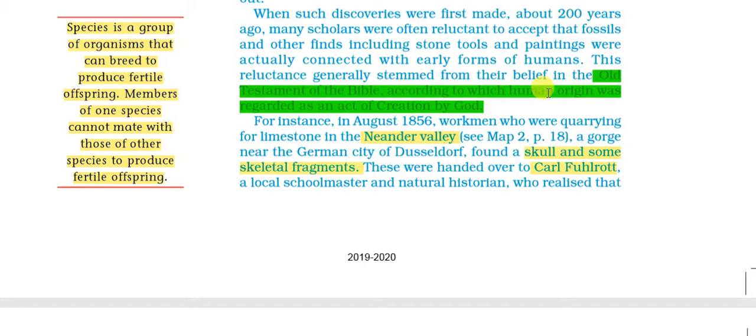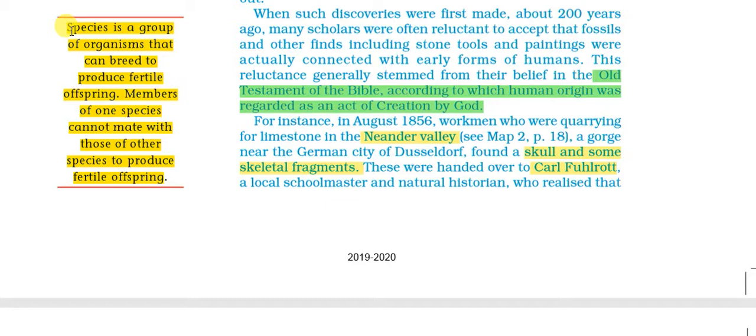Okay, now coming again to the left hand side of the screen. Here, for one marker, the definition of species. All of these had to be learned, class. I'm sending you the PDF of the chapter also, and I'm sending you the detailed notes also. So please start learning these important terminologies. Species are a group of organisms that can breed to produce fertile offspring.